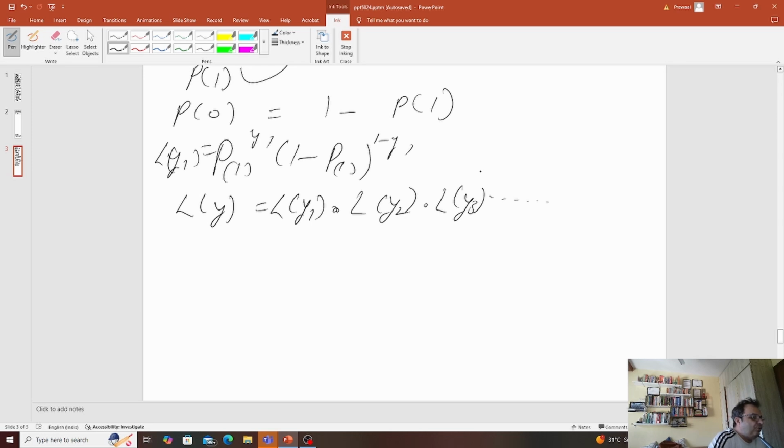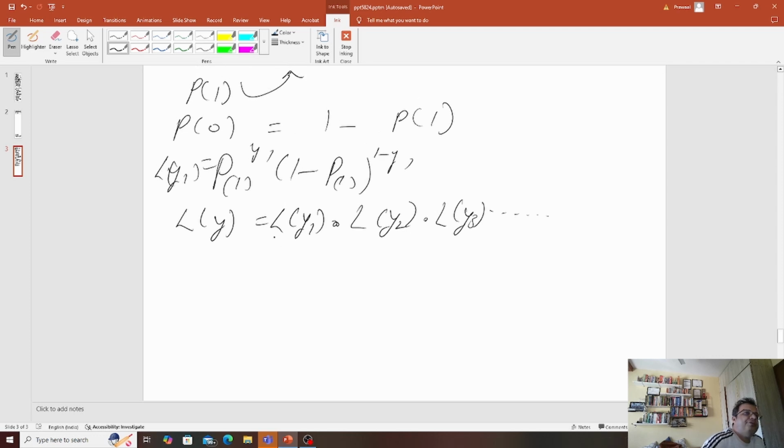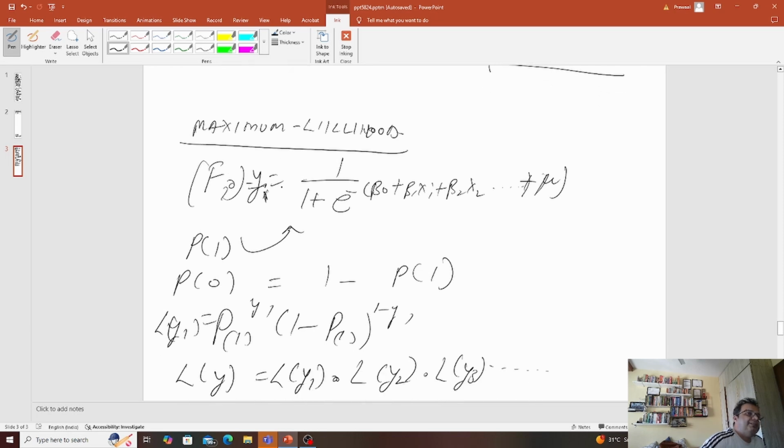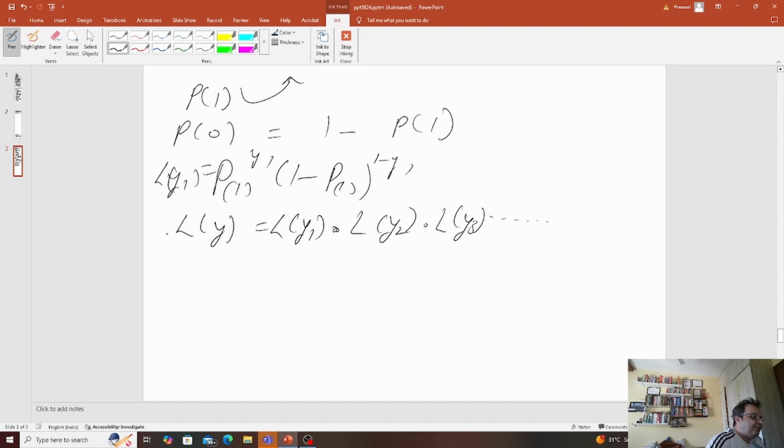Now each of these individual values y1, y2, y3, as we have seen, let's suppose we call this a function f of i. This might look complex. I'm just trying to formulate these equations so that you know the intuition. It is very unlikely that something like this is going to come in the paper.